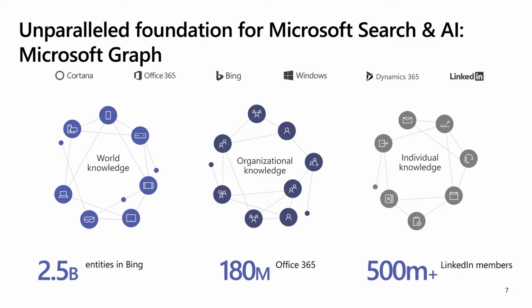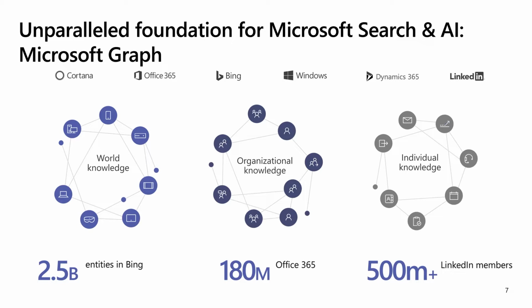It has rich signals from applications like Office, Bing, as well as Windows. And it has a repository of a huge amount of information and signals. What all of this does is give us a capability of drawing patterns, which let us gain valuable insights and create experiences for you.